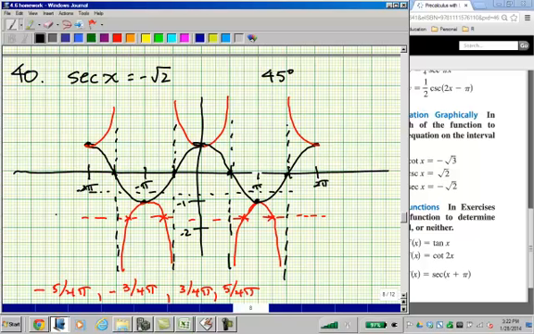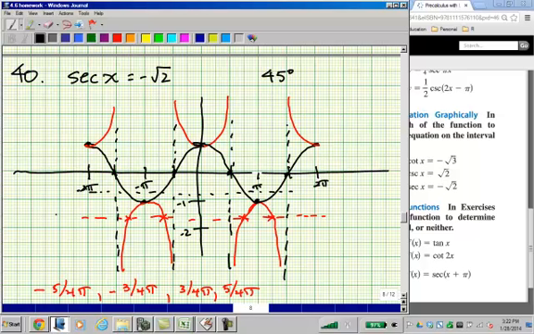So, first thing I do is I graph the secant of x on the interval from negative 2 pi to 2 pi. And so how do I do that? Well, I graph the cosine of x from negative 2 pi to 2 pi, and that's in black. And so then I graph the secant, which has the graph, and that's in red.